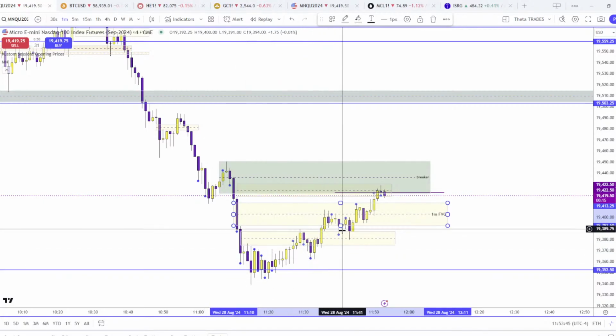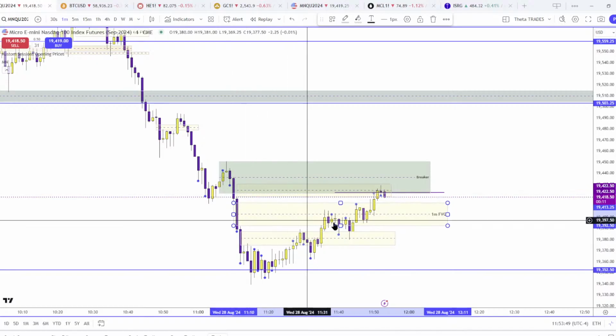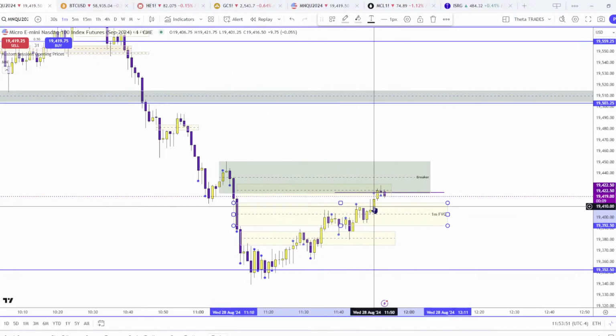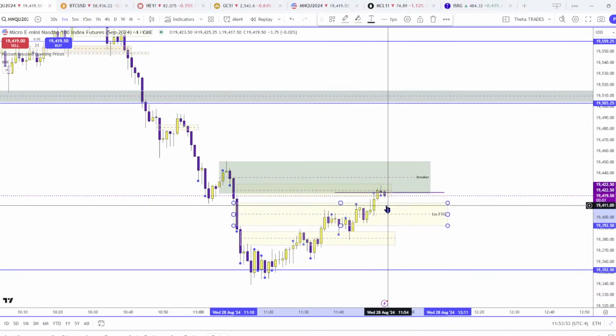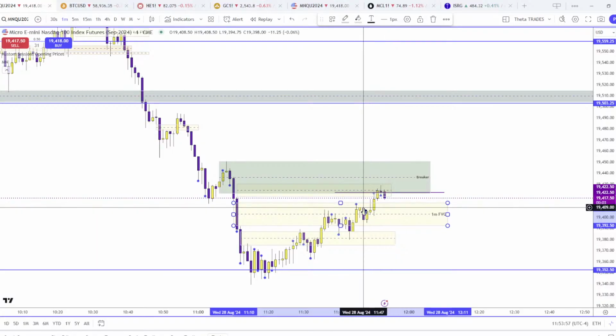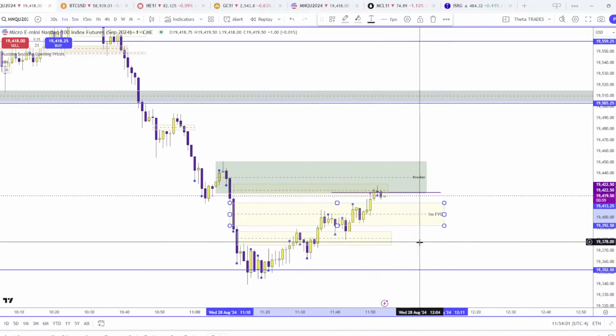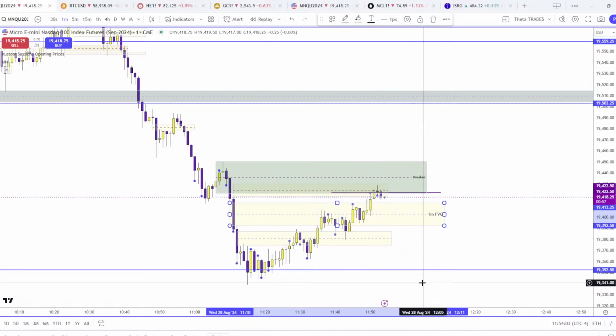I talked about that while we were down in here, that those are the levels of rock climbing that I was looking for. And so far you're finding the support. So if we can come back into here or the top of this order block here and keep pushing higher.